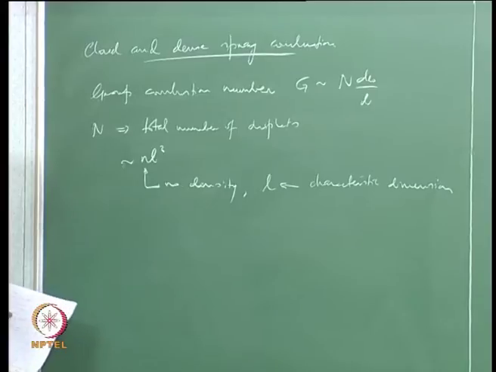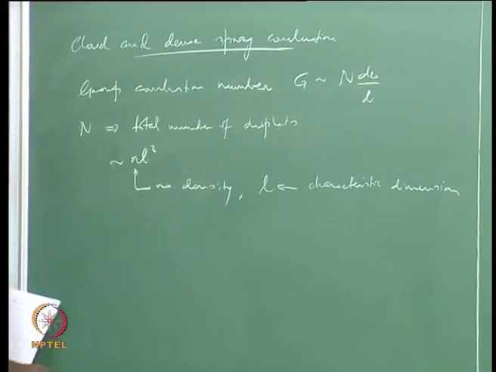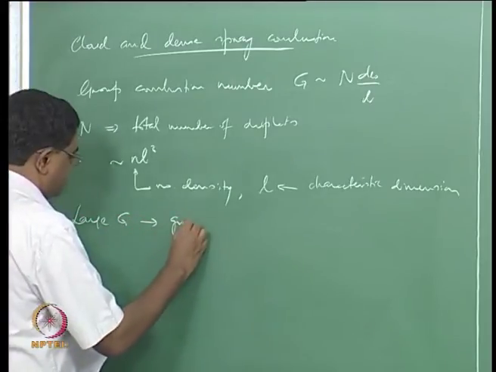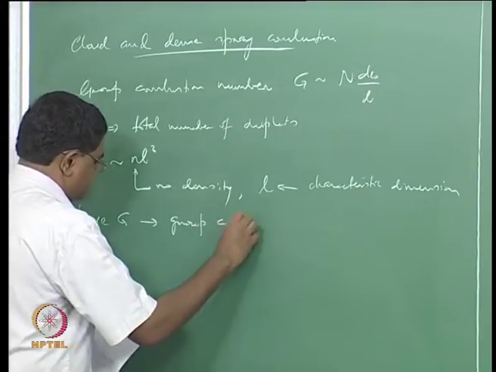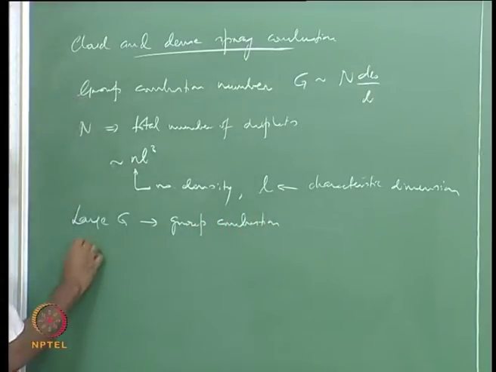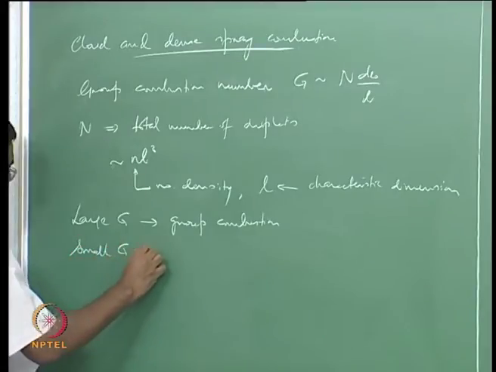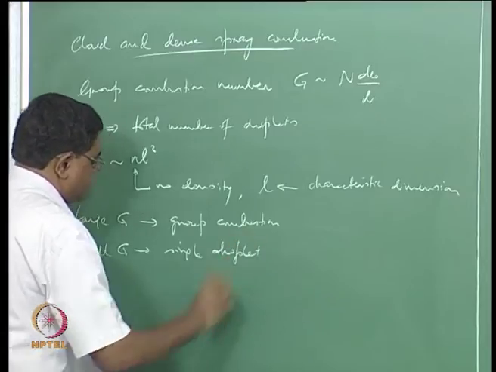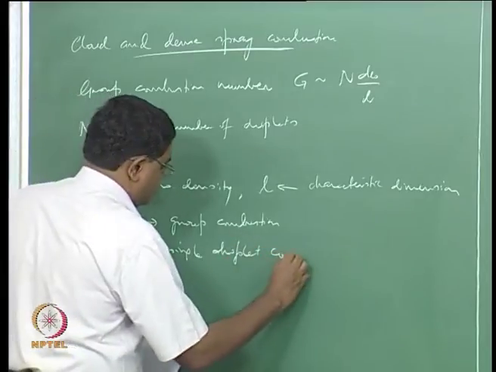If you have a small g, it indicates single droplet combustion.